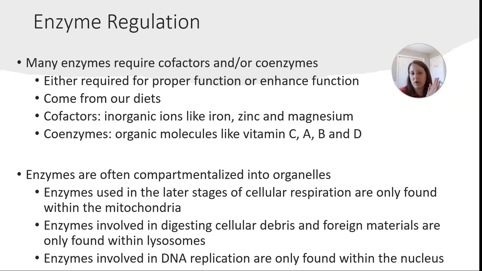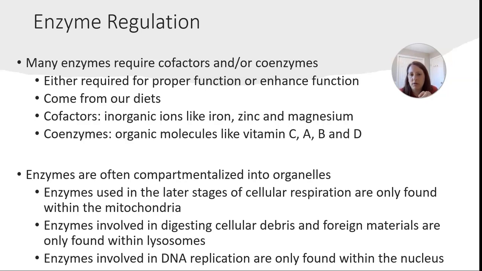These cofactors or coenzymes come from our diets. Cofactors are going to be inorganic factors like iron, zinc, and magnesium. You've all heard of those. And then coenzymes, on the flip, will be organic molecules like vitamin C, A, B, and D. Okay, so again, some enzymes will require these things, which we call cofactors.